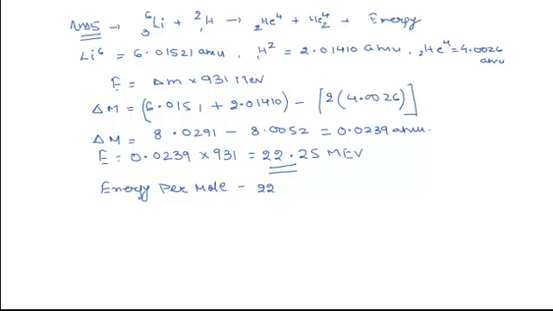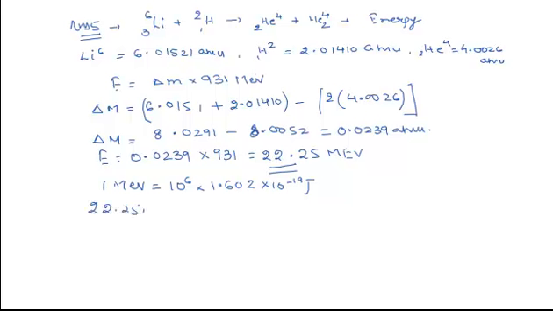I think we should first convert mega electron volts into joules. Right, that should be the better part. So how will I convert this mega electron volts into joules? Do you know that? 1 mega electron volt will be equal to 10 to the power 6 into 1.602 into 10 to the power minus 19 joule.